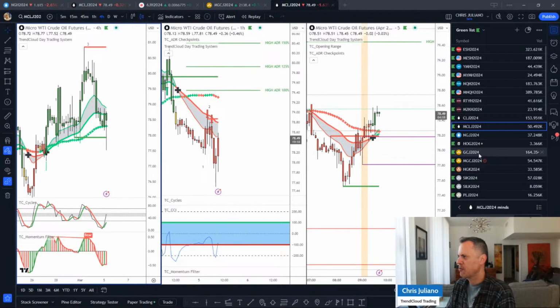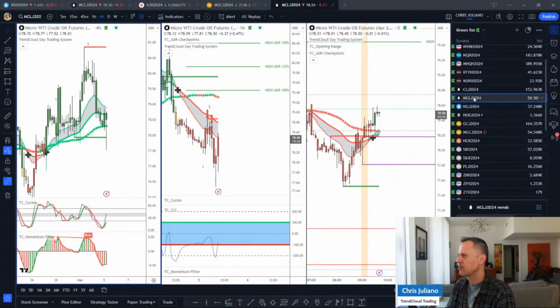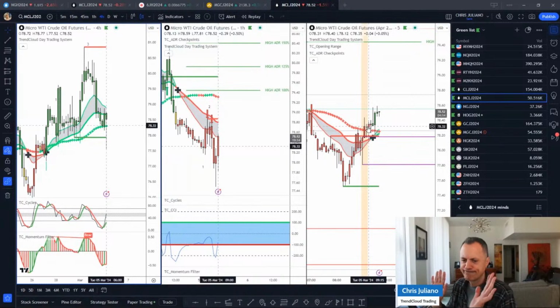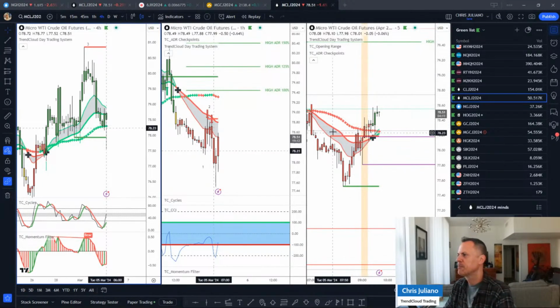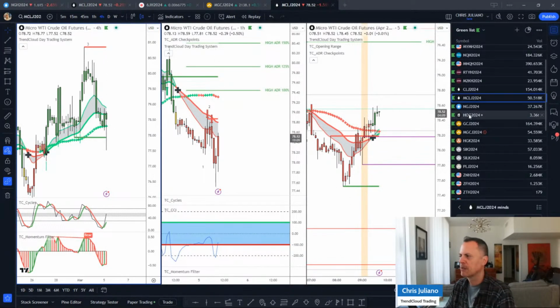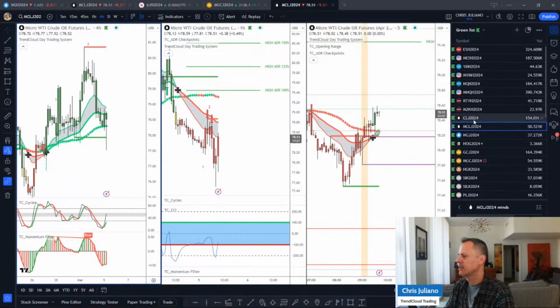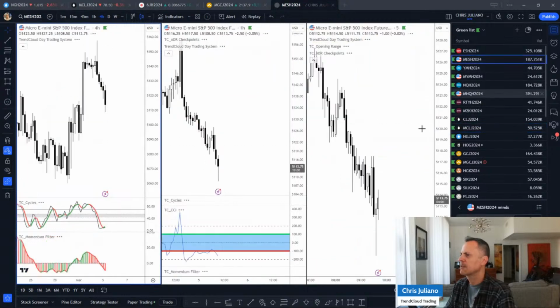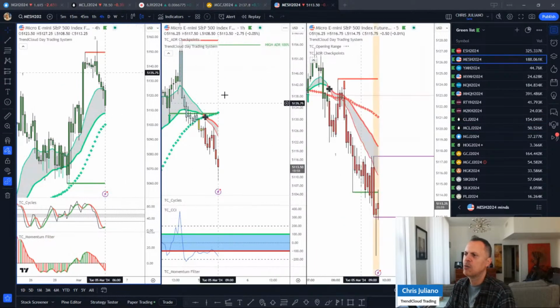Yeah, okay. So let's see. So crude oil, mixed signals, right? Mixed signals. Let's hang back from that. We've almost got the opening range on the indexes here. Let's start looking micro. Oh, wow.